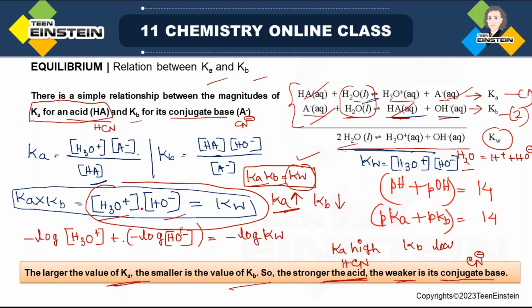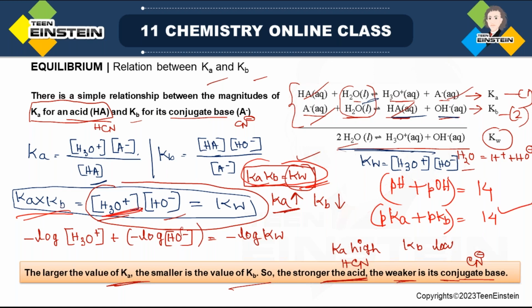Fine. Now these relationships are basically coming from this equation, Ka into Kb equals Kw. If we take negative log on both sides, we will get the terms pKa and pKb on the left hand side, and negative logarithm of Kw is 14. That is why we are getting this relationship.